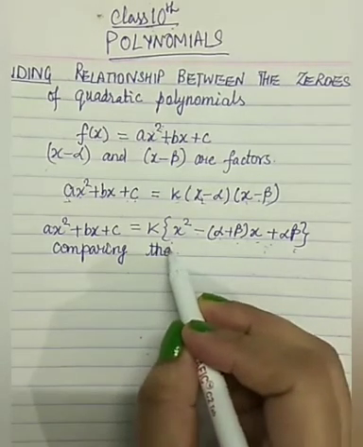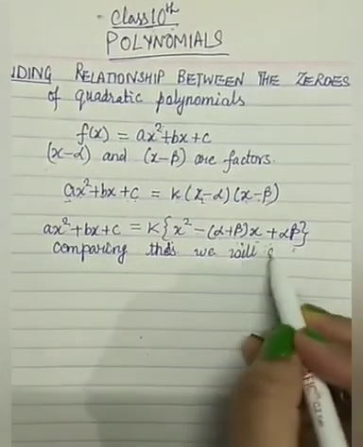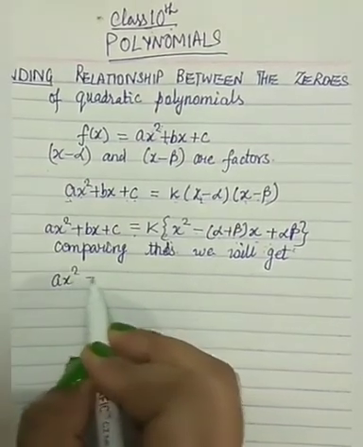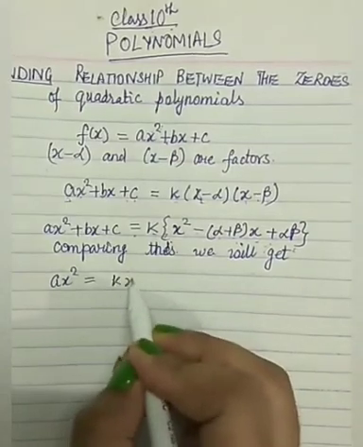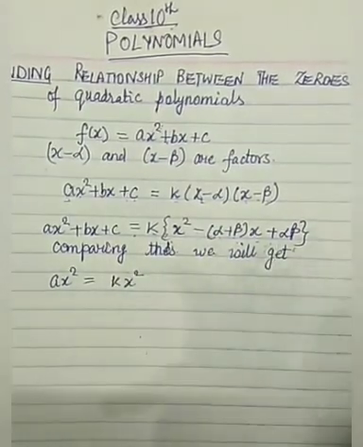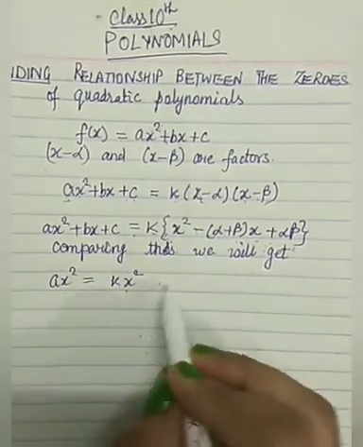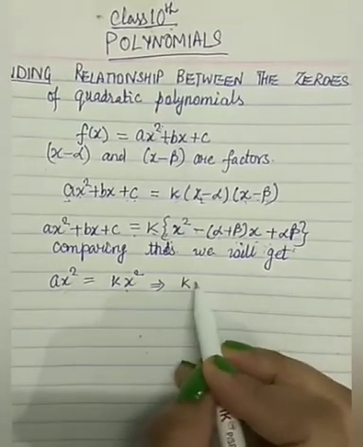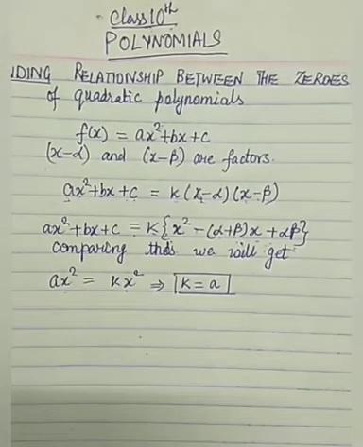Comparing, what will we get? Compare the x square part: ax square with kx square. This gives k equals a. So we are getting the value of k as a.